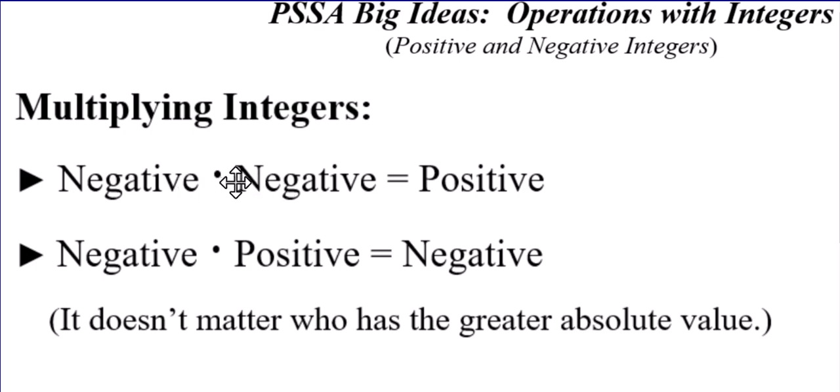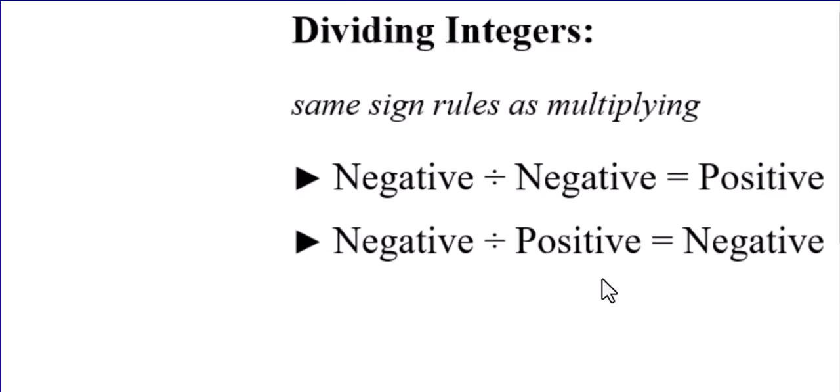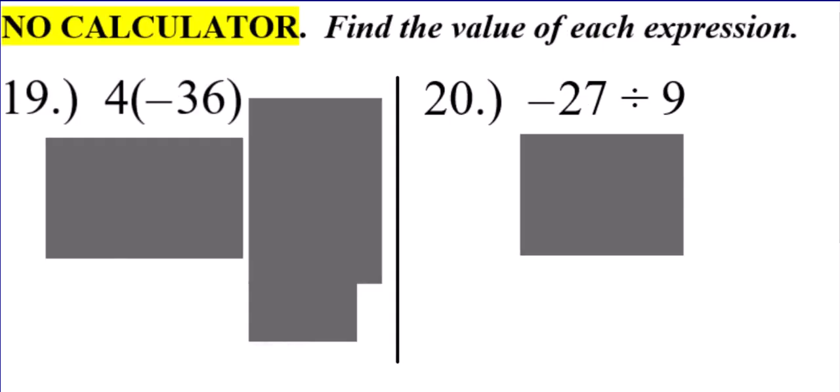Well, two numbers that have the same sign that you multiply, you will always get a positive. But if they have different signs, then you're always going to get a negative. And those same rules work with division. A negative divided by a negative is a positive, just like if you were multiplying. And a negative divided by a positive, or flip-flop the other way, will always give you a negative. Let's practice those rules right now.